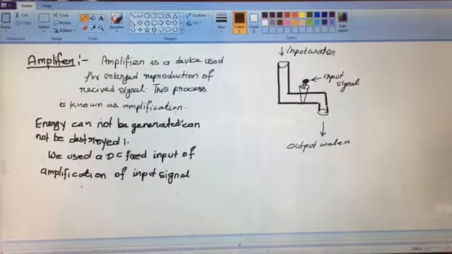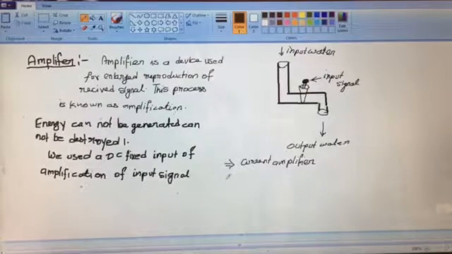Now amplifiers can be classified by which kind of quantity is amplified. If the current is amplified, the amplifier will be known as a current amplifier. Second, voltage amplifier.